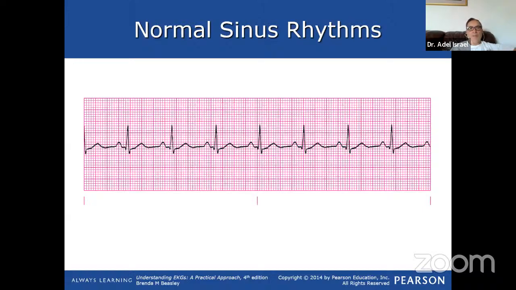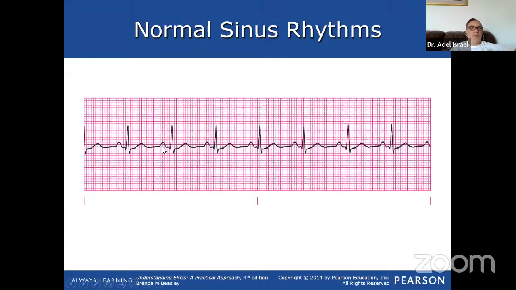What is the third step? Is there a P wave before each QRS? So there is. Very good. And what is the criteria of P? Don't put consideration on what is not in front of you. You have an EKG of a patient and you report it.